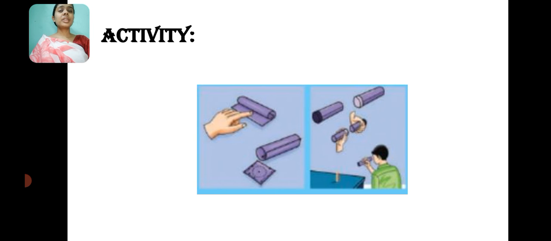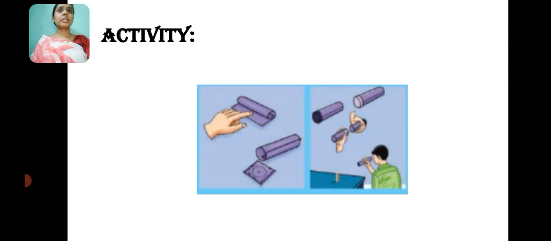So you have to fix the carbon paper. In the requirements, I told you to take a carbon paper, and you have to fix that in the big tube, which has the greater diameter. You have to make a hole at the center of the carbon paper.